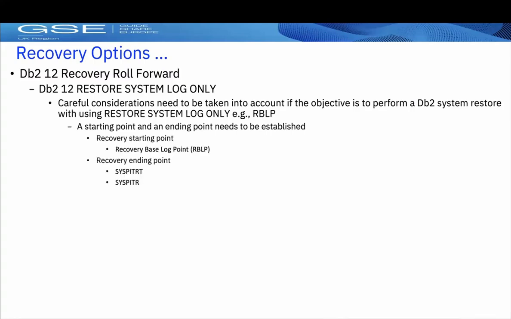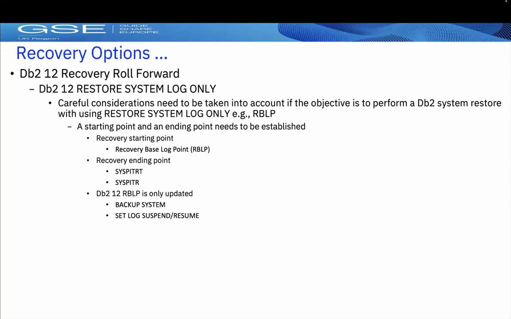And you need the ending point, the conditional restart record I mentioned on two previous slides. But here's the problem with version 12: the RBLP, this recovery base log point, we developed around backup and restore system. So there are only two times that we update this RBLP, the starting point.